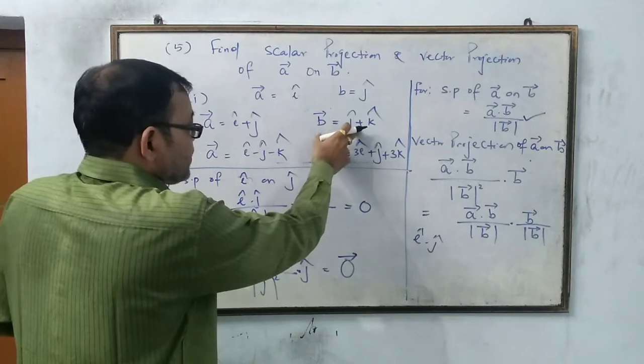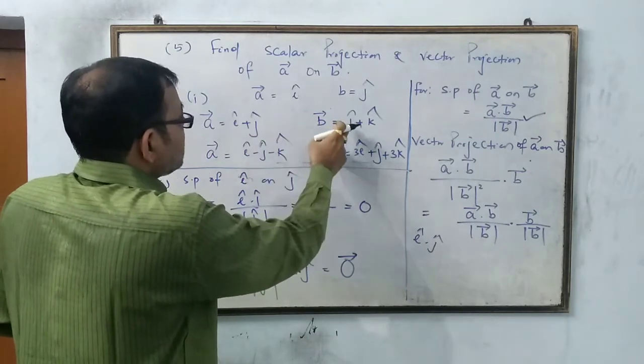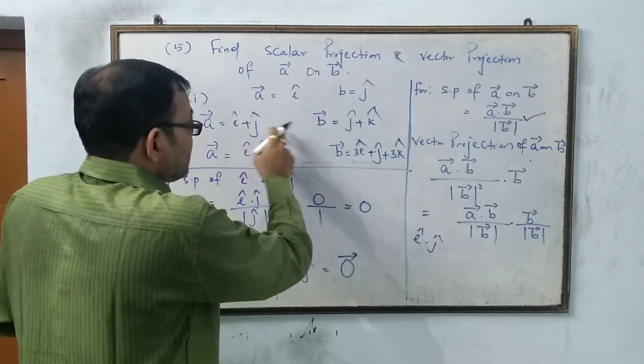Similarly, the second question: I plus J, J plus K. Its dot product would be there.